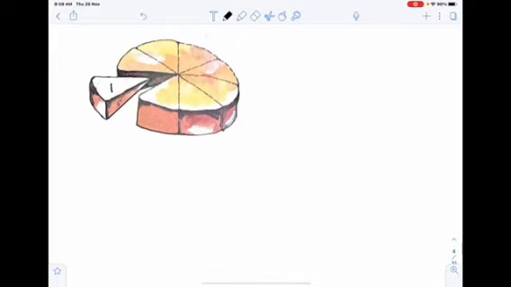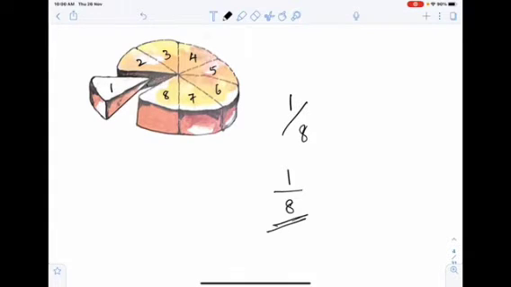If I consider this as 1, 2, 3, 4, 5, 6, 7 and 8, there are totally 8 slices, and out of that 1 is taken out, correct? So this can be represented as 1 by 8. It can be written like this or like this. So 1 by 8 is the fractional representation of this diagram. Understood? Now shall we move on?